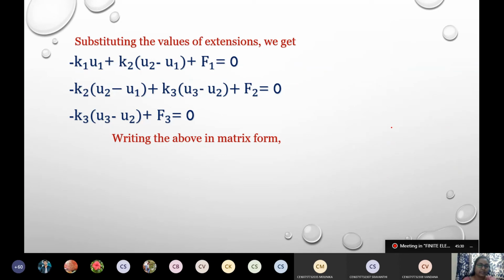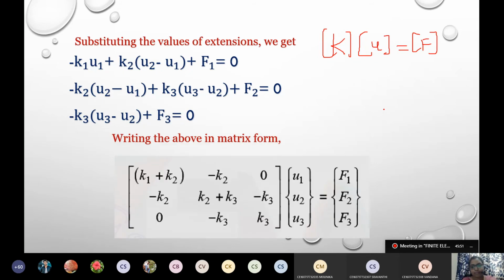So you do that for every equation and assemble that in a form of a matrix where K matrix into U matrix will give you the F matrix. This is the matrix form where you'll reach.